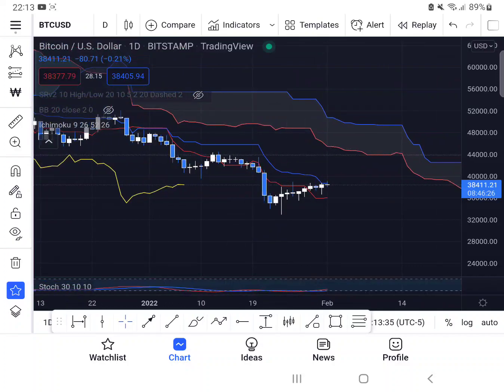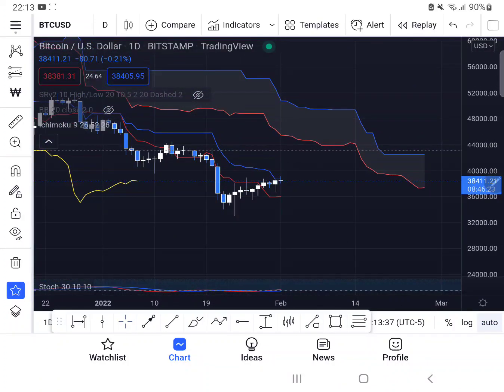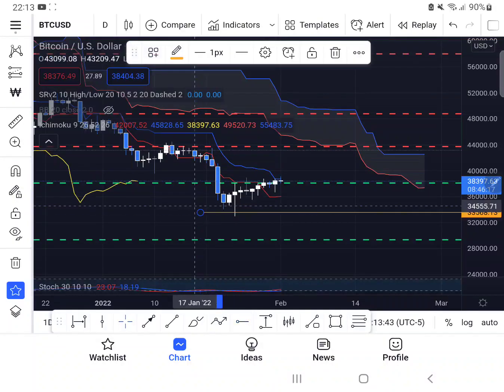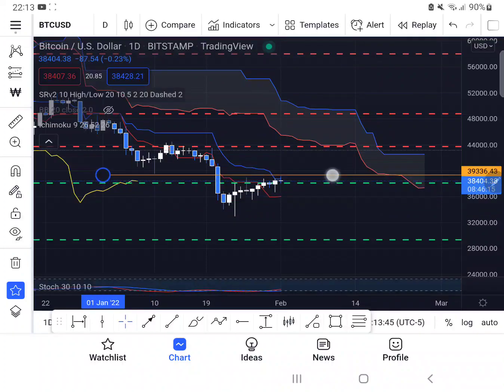But as you can see on the daily time frame, there is some significant resistance over here, an area of resistance. Maybe I'll just draw some of the resistance here. It can be blocked around here: one time, two times, three times, and four days ago.